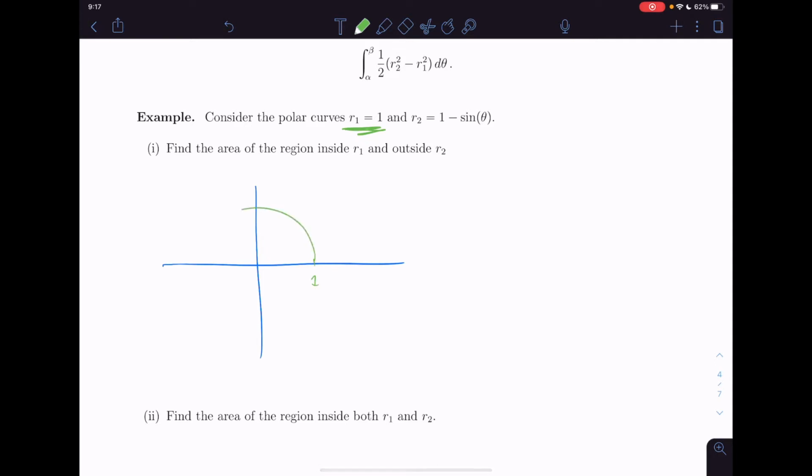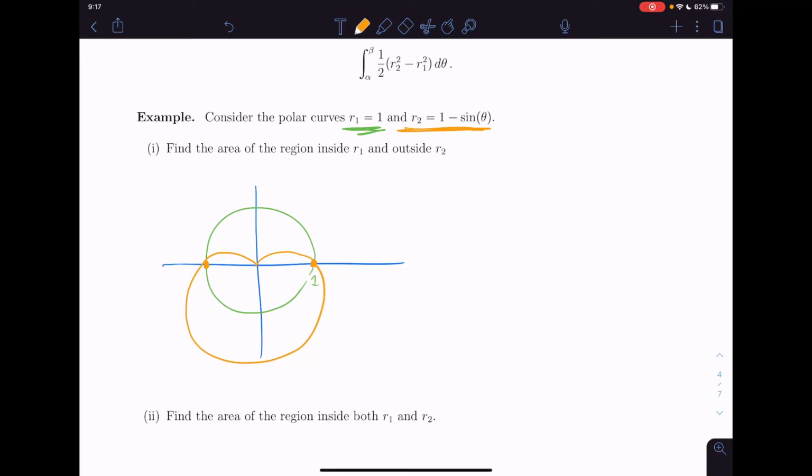This is just going to be a nice circle of radius 1. And then if I put r2 in orange, that's going to be a cardioid that shares the same points in the 0 and pi direction, and that's going to be a cardioid that points downward.